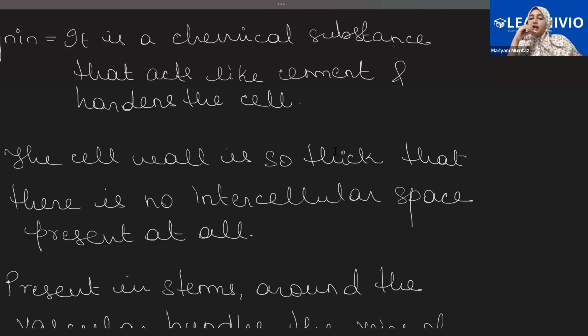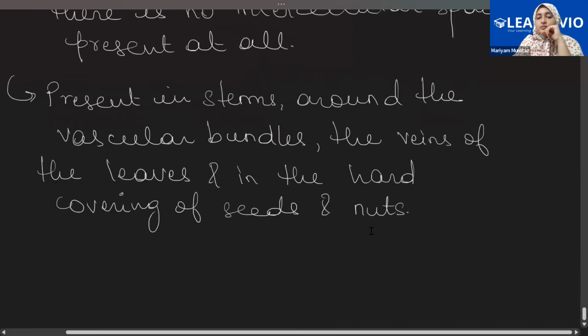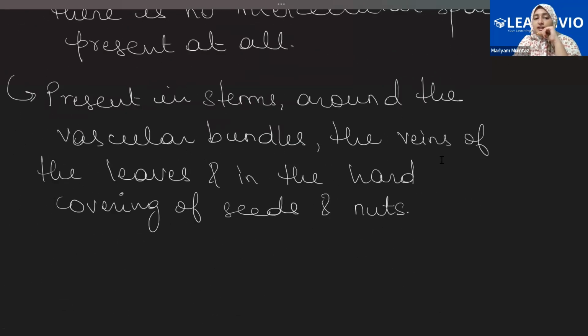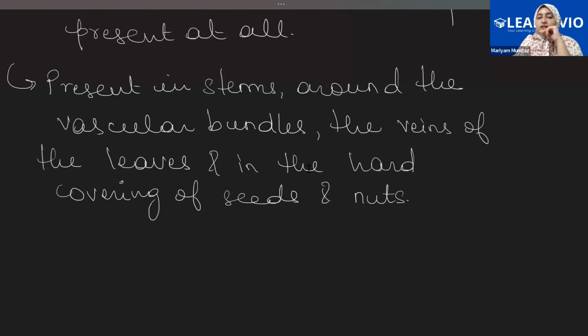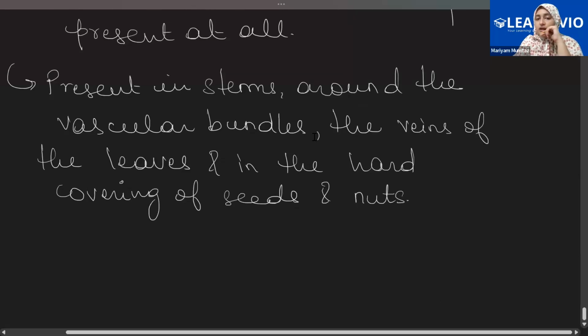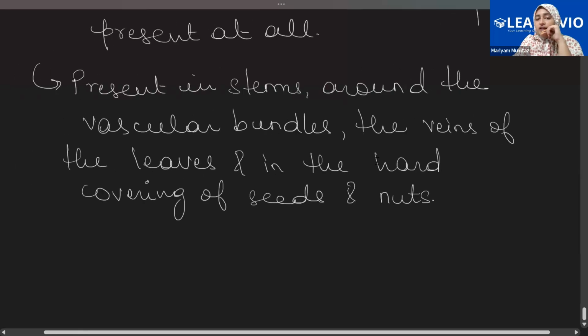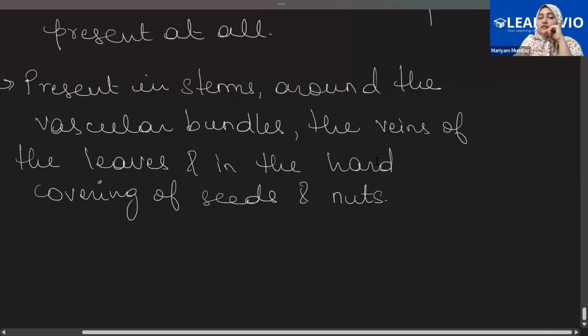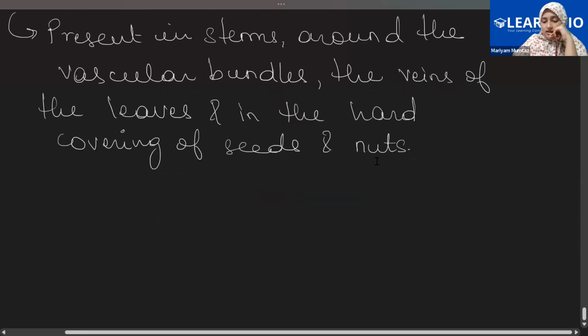Coming to collenchyma, the intercellular spaces were very little, and here there will be no intercellular spaces present at all. Moving forward, where is it present? Sclerenchyma is present in the stem, around the vascular bundles, the veins of leaves, and in the hard covering of seeds and nuts.